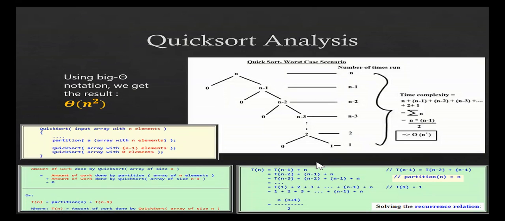So that means when quicksort always has the most unbalanced partitions possible, then the original call takes time n, that means cn time, where c is some constant, and the recursive call is on n minus 1 elements.